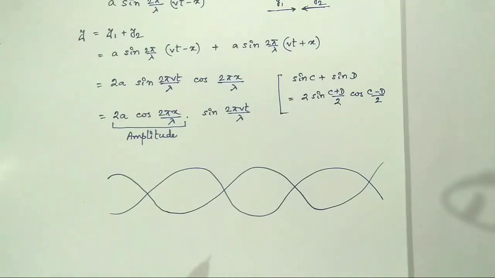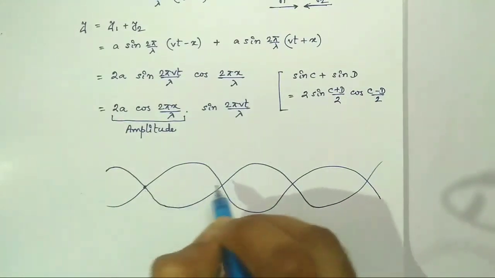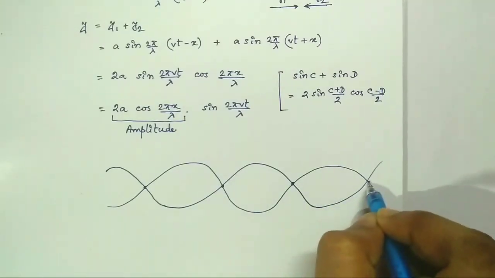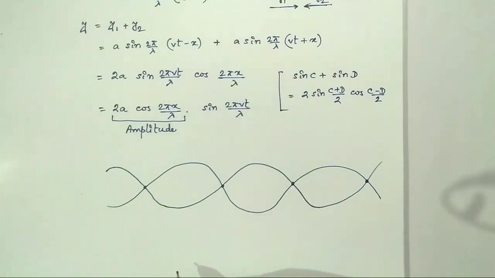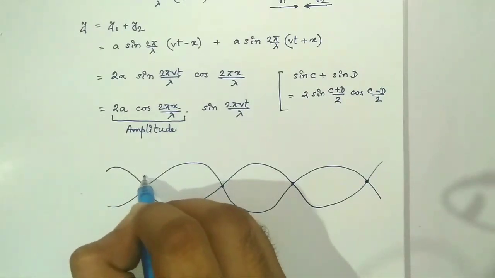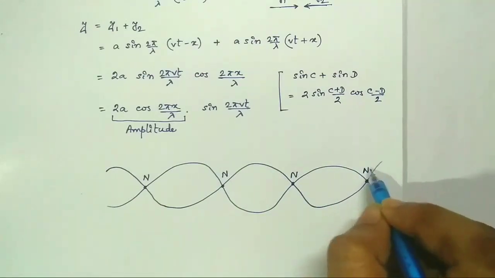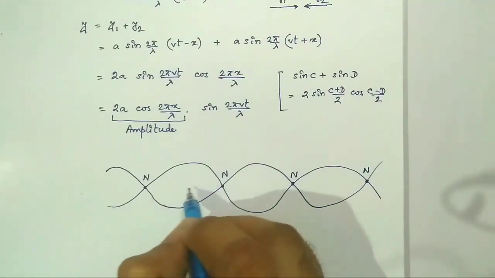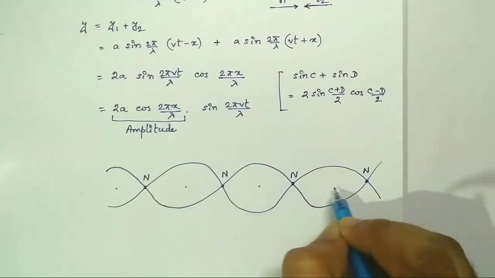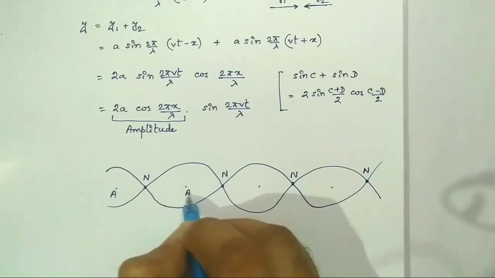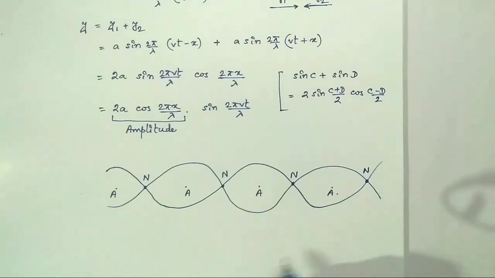These points where the amplitude of the wave is minimum are called nodes. These are the nodes, and these points where the amplitude of the waves is maximum are known as antinodes. Now let us see the positions of nodes and antinodes and the distance between them.